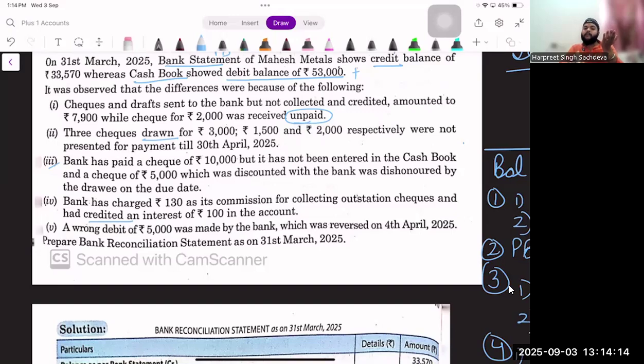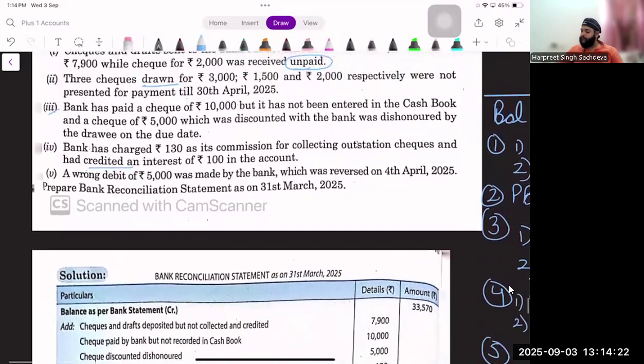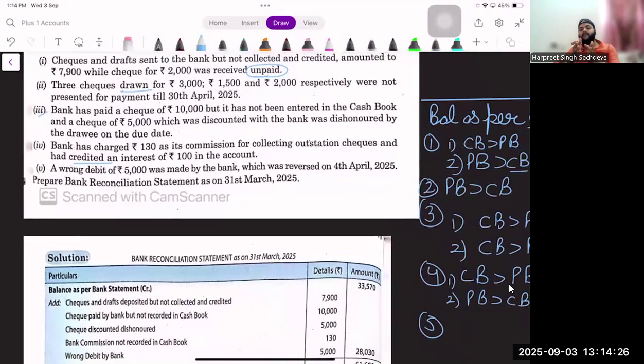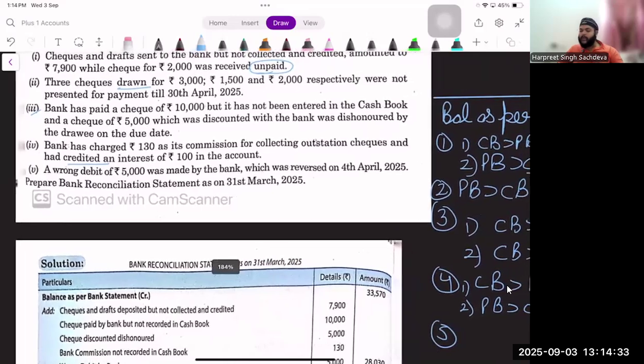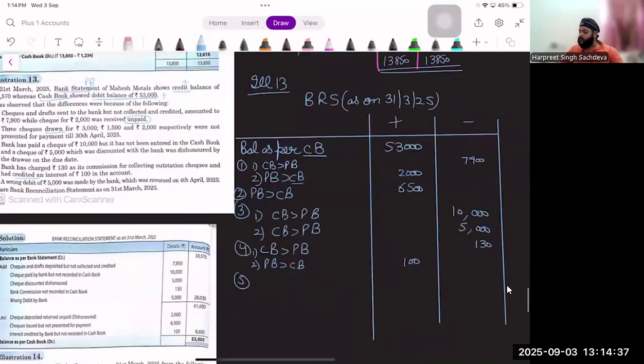Bank reversed that, but on which date? 4th April, which is after 31st March. Means it was late. For this topic, we'll always consider that if the transaction is done later than the BRS date, we will not consider it. It has not happened for us up till 31st March. So who was greater? Cash book.